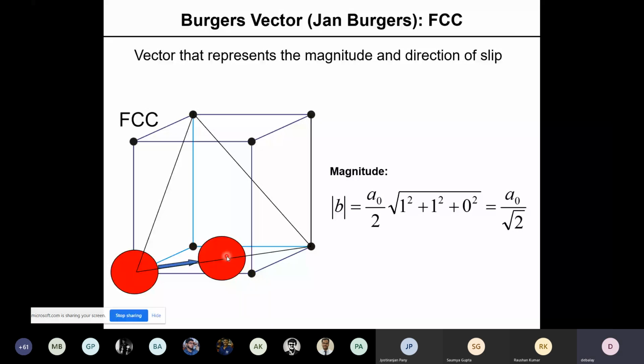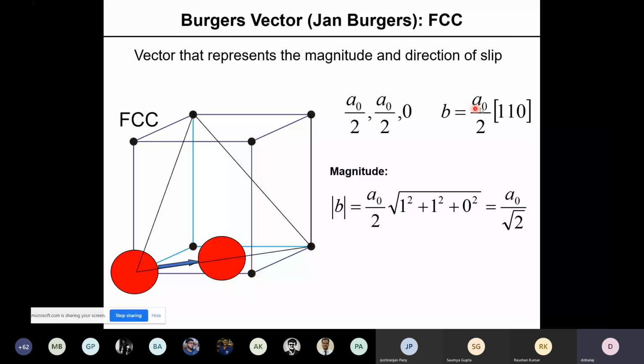After I explain what is partial, you will appreciate that you understand now. And what is this movement? It's represented by Burgers vector b, which tells you the magnitude and direction of slip. What is the magnitude? a0 by √2. It's moving by a0/2, a0/2, 0. So the Burgers vector is represented as a0/2, where a0 is the lattice parameter.